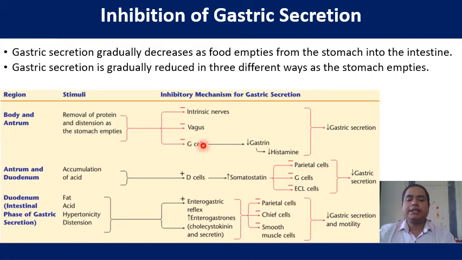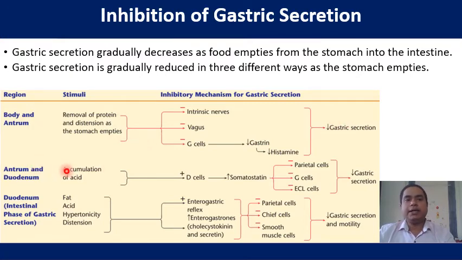So when the G cell is inhibited, the gastrin production becomes low, and it also results in lower histamine production. So overall, the gastric secretion is lower.